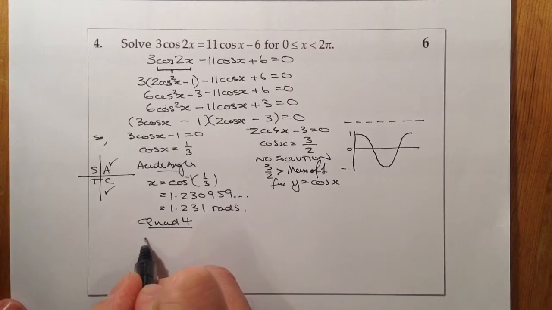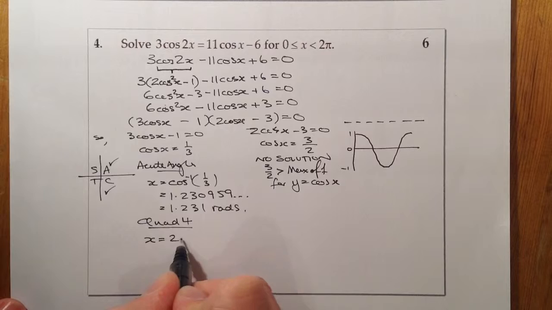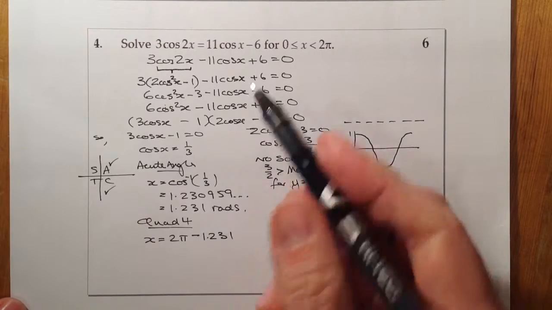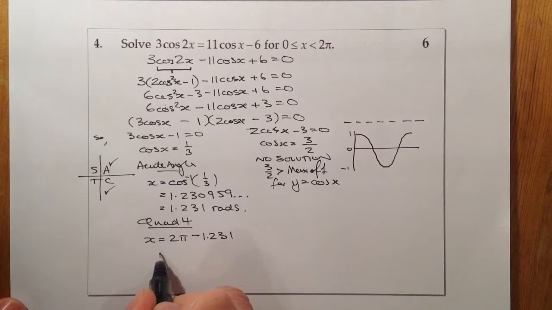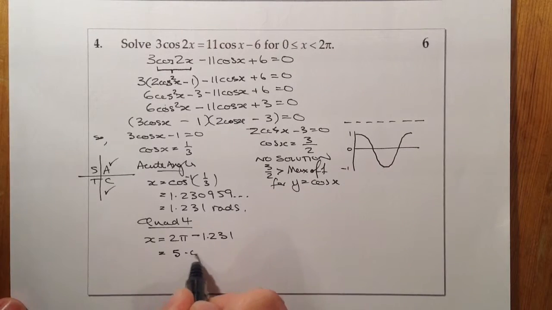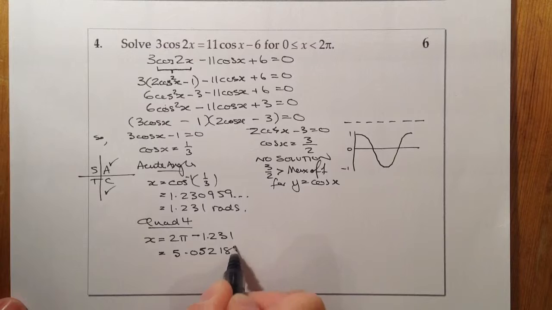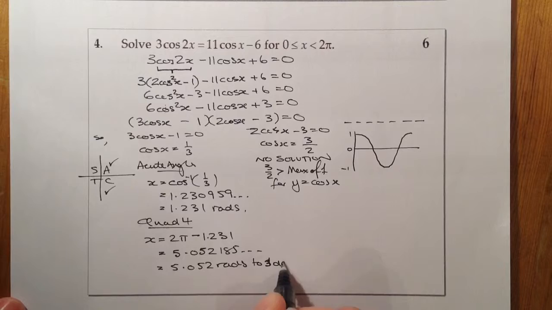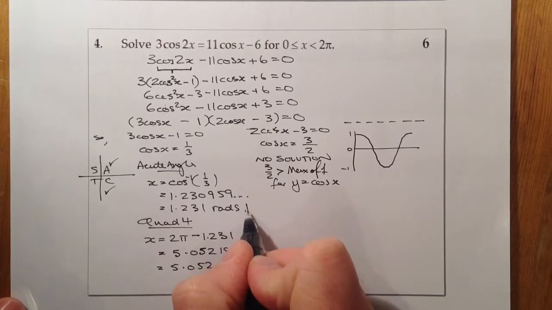The quadrant 4 solution is going to be 2 pi, take away the acute angle that I've worked out. From there, that should give me 5.052185, and finally 5.052, and that's in radians, to 3 decimal places.